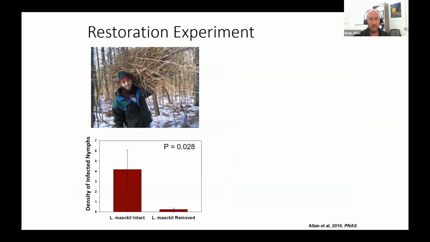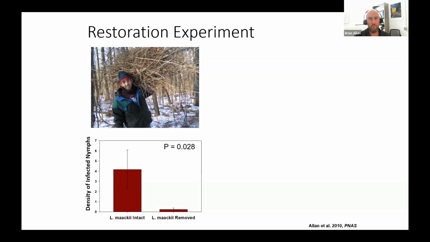And the experiment really kind of mirrored what we had seen in comparing honeysuckle invaded to honeysuckle uninvaded areas in other parks. We found where the honeysuckle was intact, the density of ticks infected with pathogens was much higher than where we had removed it. And the magnitude of these relationships are very comparable to what we saw in our surveys.